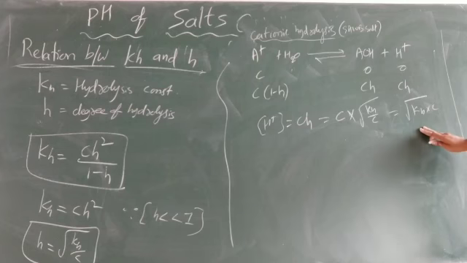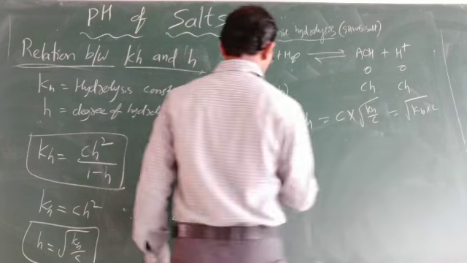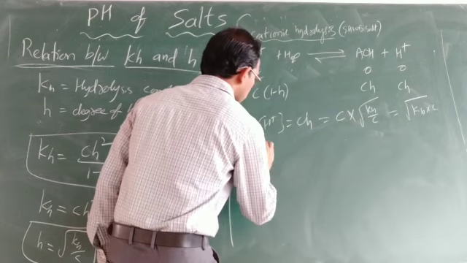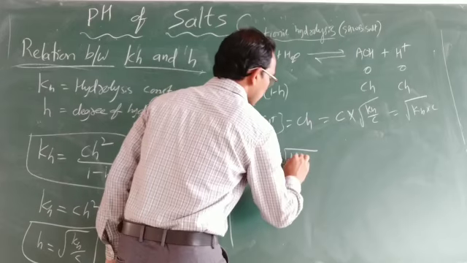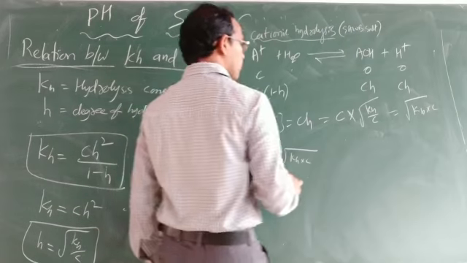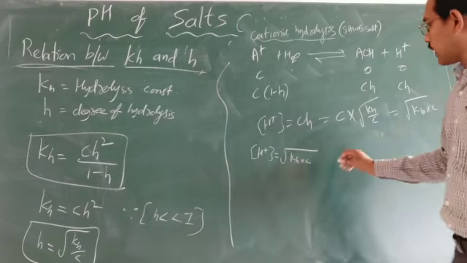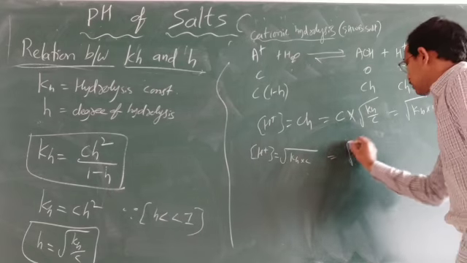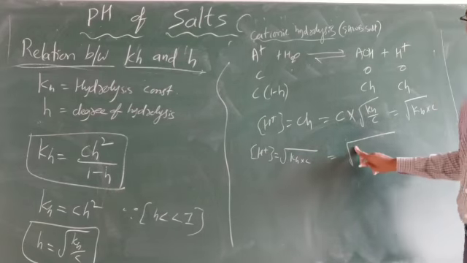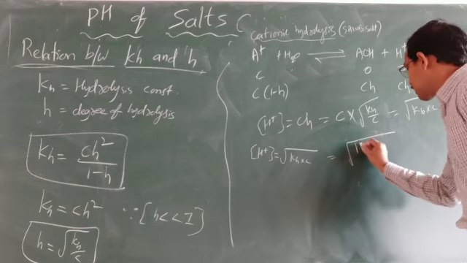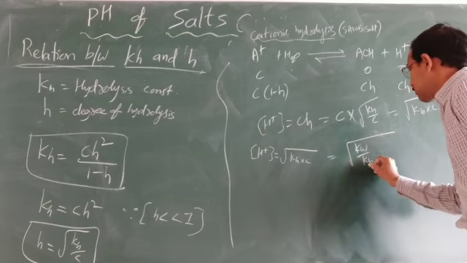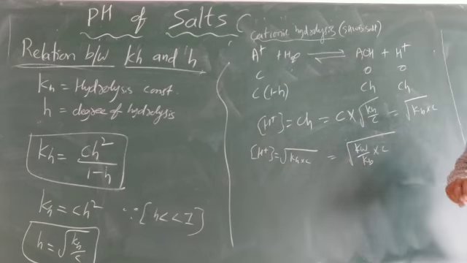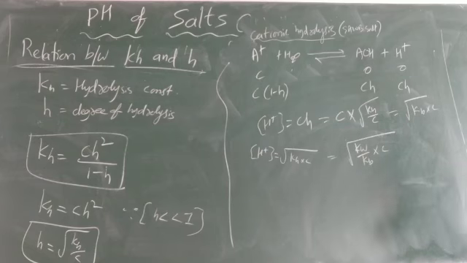This much clear? So one of the formula हो गया अभी. H plus concentration equal under root of KH into C. But already we proved that for this KH equal to KW by KB. KW by KB into C as it is. Right? This is also one of the formula.